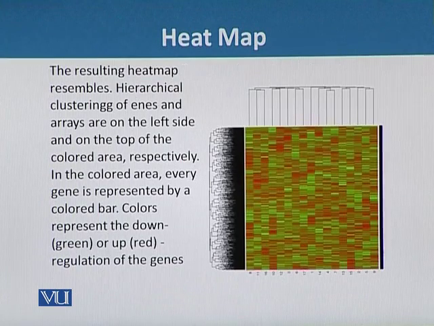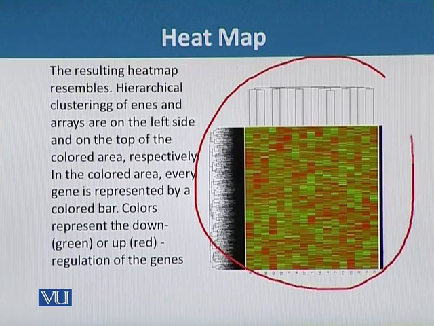This is the heat map representation that we will get after using the distance programs, either Euclidean or Pearson, and the resulting heat map resembles this diagram we are seeing.